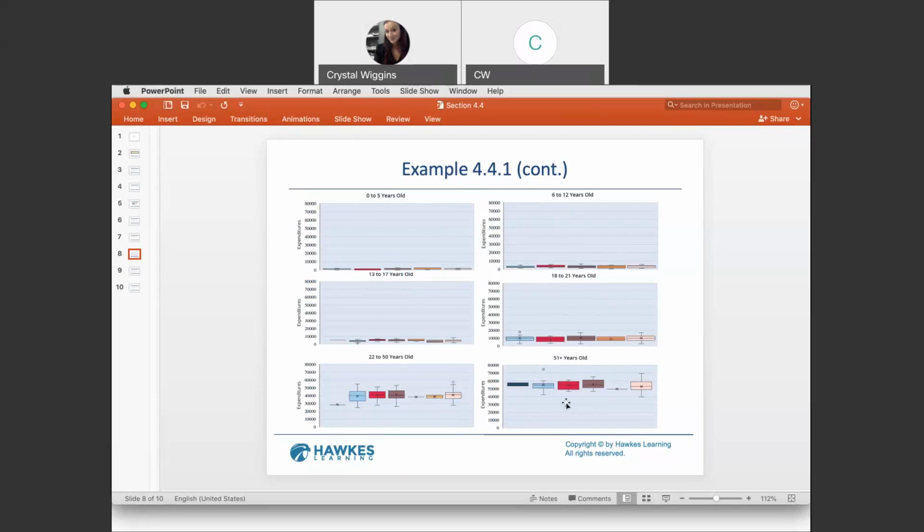But when we take a look at these age groups, 0 to 5 years old, now all the box plots seem to be about the same. 6 to 12 years old, we see the same trend. 13 to 17, 18 to 21, we see that the box plots jump all together in the older years. So, although as they get older, we do see a difference in the box plots themselves, and there are some that are much thinner than others, we can see that for the most part, the expenditures are equal across the board.